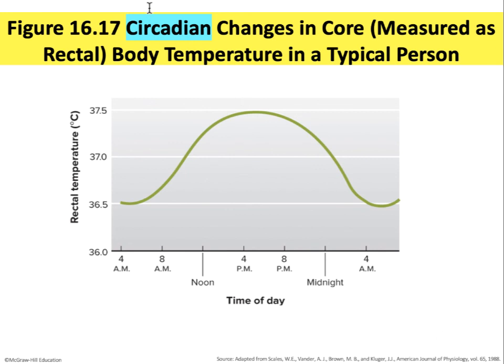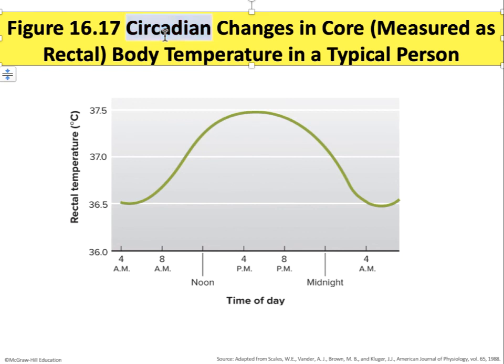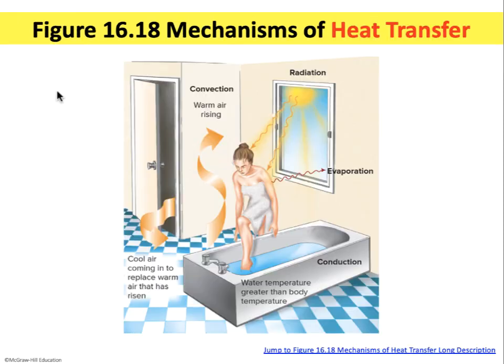One of those is body temperature, core body temperature. Figure 16-17 shows the circadian changes in core body temperature over a 24-hour period. And we can see here that during the night, our body temperature drops about 1 degree Celsius. Once again, the principles of physics take over when it comes to the energy transfer via heat.